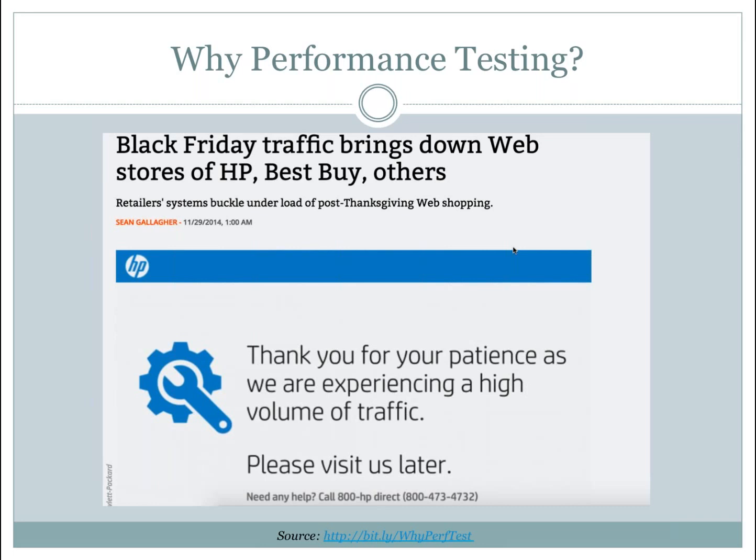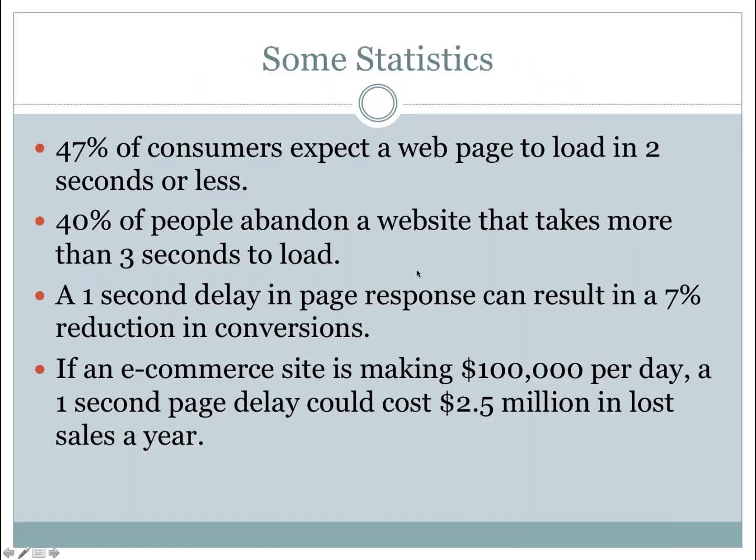According to me, such incidents not only result in considerable financial losses for the companies, but also create a negative impression about their business in consumers' minds. And we obviously don't want that to happen with our application, right?